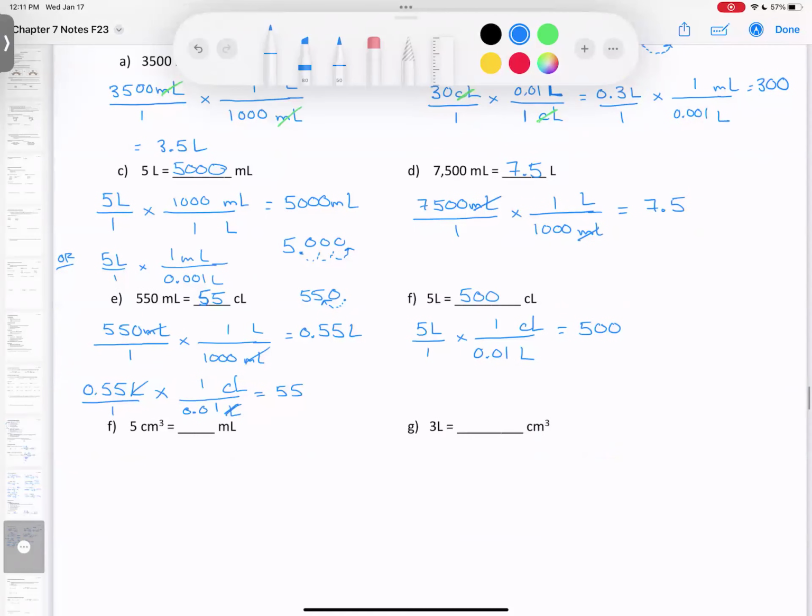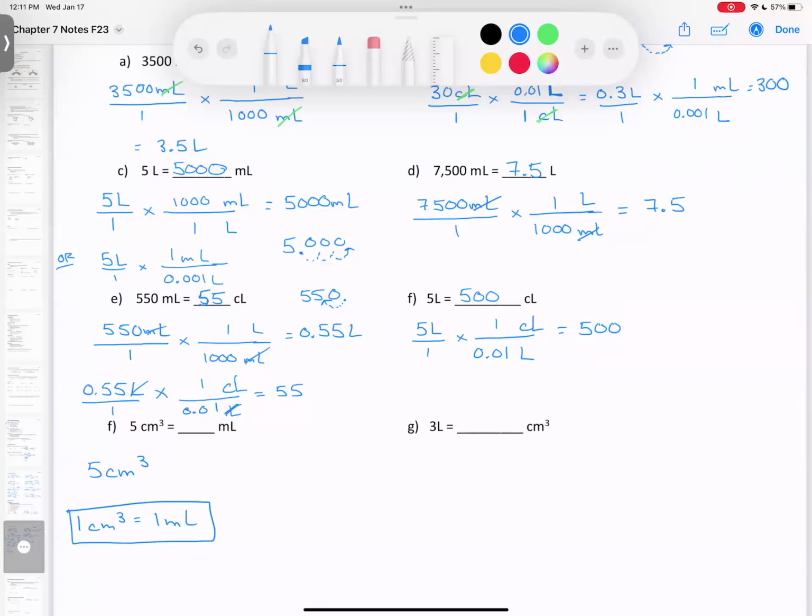These last two are just a test that you understand that cubic centimeters are the same thing as milliliters. So if you have 5 centimeters cubed, and you can write this on your formula sheet, I suggest you write there, I don't think it's already listed. So you can write there 1 centimeter cubed equals 1 mil, just to remind yourself that those two things mean the same thing.